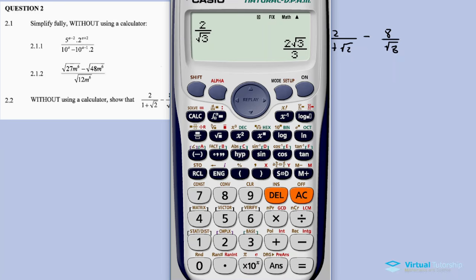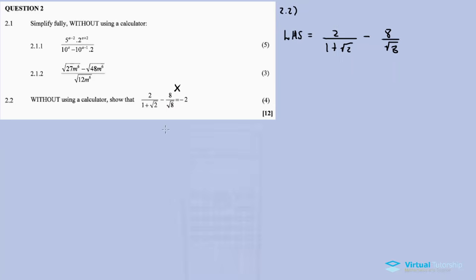So what the calculator does is always rationalize surds. What is to rationalize? The idea with rationalizing surds is to move your surd from the denominator to the numerator. Like the square root of 8, we remove it from the denominator and put it in the numerator.